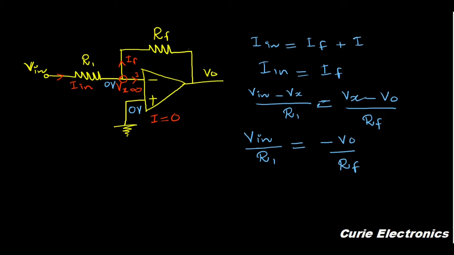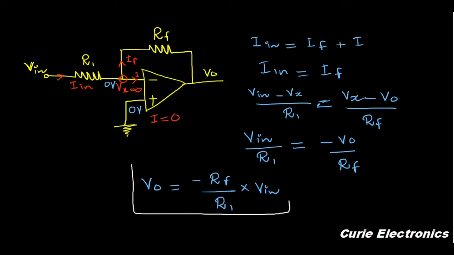That's what we want. So Vout, if I rearrange the equation, I get minus RF upon R1 multiplied by the input voltage, that is Vin, whatever the signal. So this is the output equation.